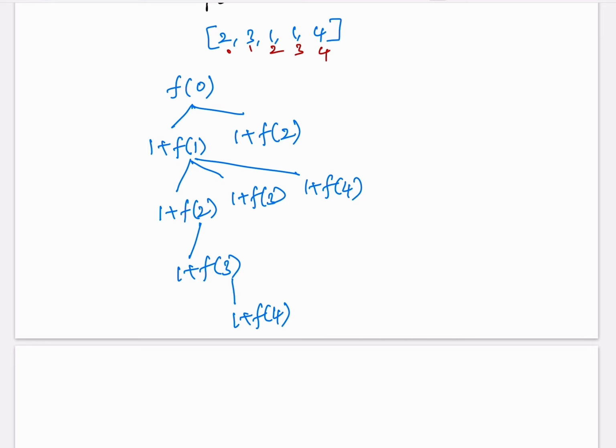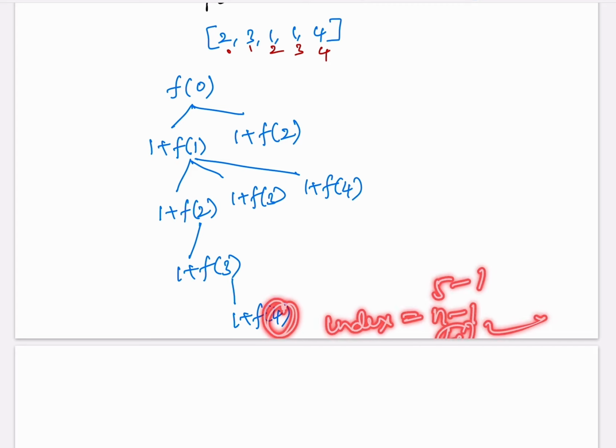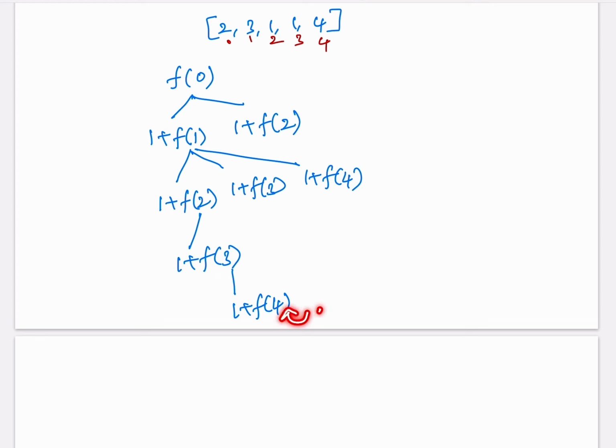Our index is equal to n minus 1, which is 5 minus 1, 4, matches. So we stop, and here return value 0, and this returns 1, this returns 2, this returns 3, this returns 4.